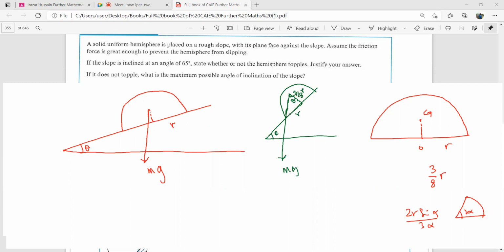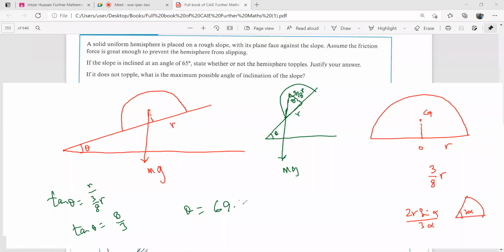This is the angle at which this is supposed to topple. So tan theta is r over 3 over 8 r. If I simplify this, tan theta equals 8 over 3. Use your calculator and tell me what this theta is.